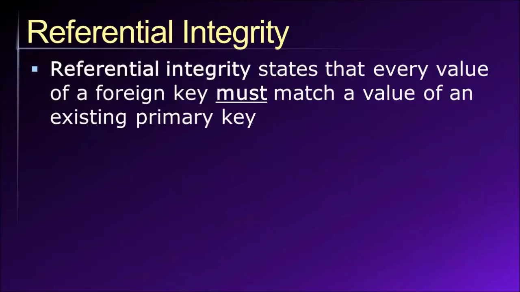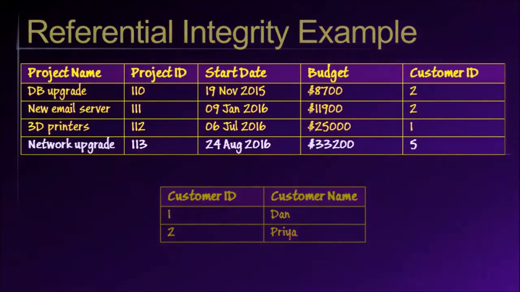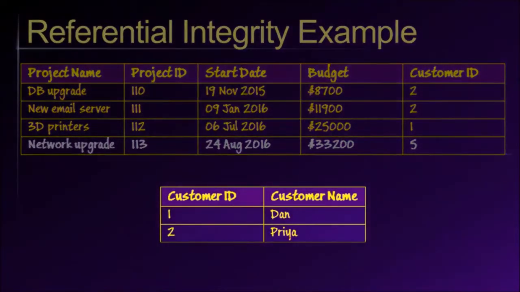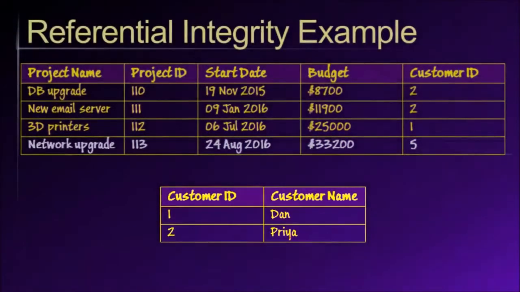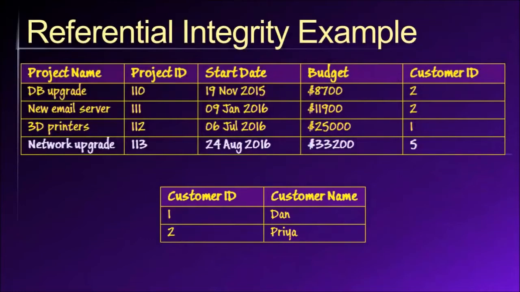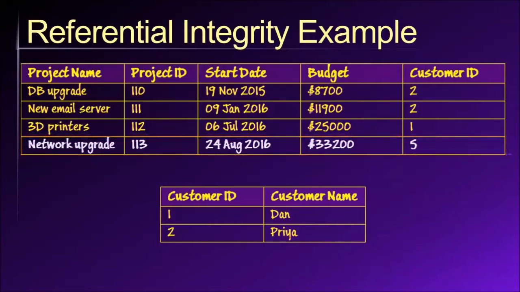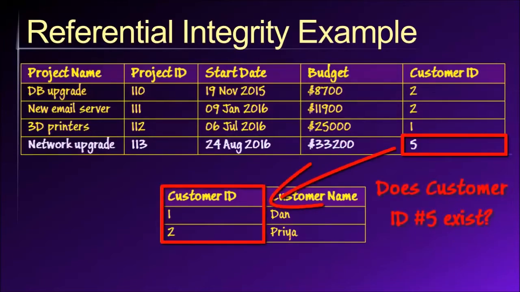For example, here we have a project table shown toward the top and a customer table shown toward the bottom. If I want to add a new project to the project table, in this case it's going to be project number 113, and I propose to link this new project to customer ID number 5, what referential integrity means is that the database will look in the customer table and will check to see whether a customer with customer ID number 5 actually exists.